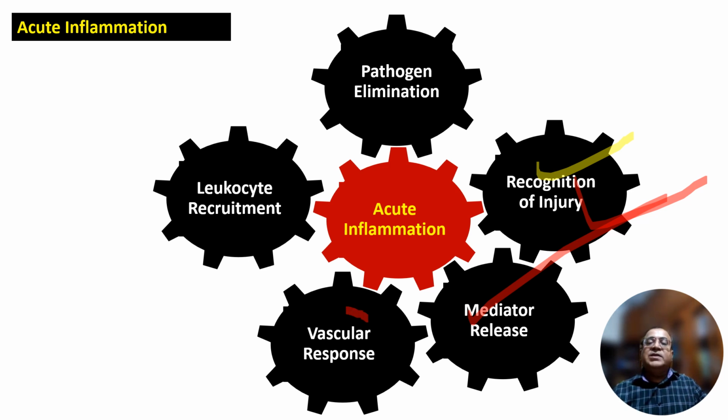Then, in the vascular response, the blood vessels dilate and become more permeable. Then leukocyte recruitment occurs, in which WBCs exit circulation and migrate to the injury site. And finally, the offending agent is eliminated through the process of phagocytosis.